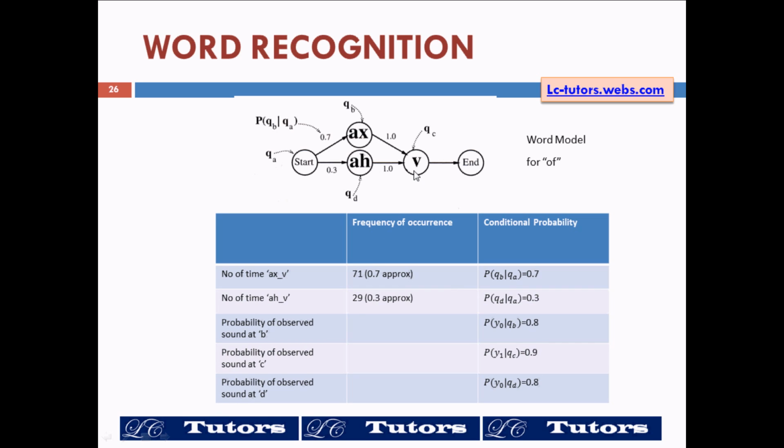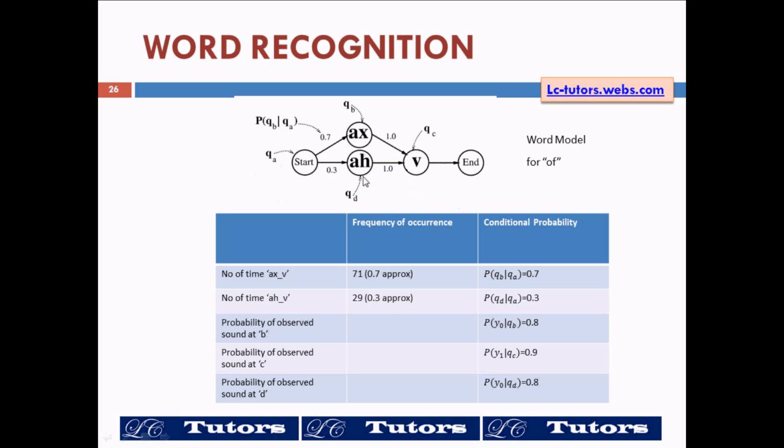And similarly at C, we might be expecting a certain acoustic pattern, but we will get about 0.9 accuracy in the calculation of the vector.